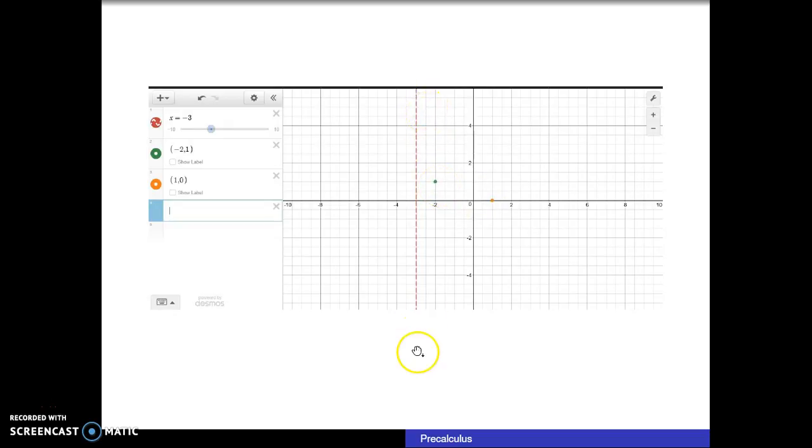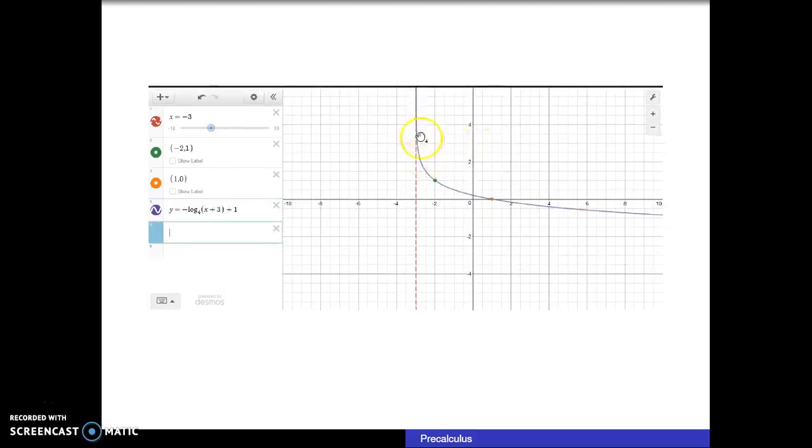It could either approach it up here or down here. And we see from these points that we're further away from the asymptote, getting closer. So that means the function must come in like this, goes through this point, goes through this point, and continues going to the right and down, as we see when we put in the function.